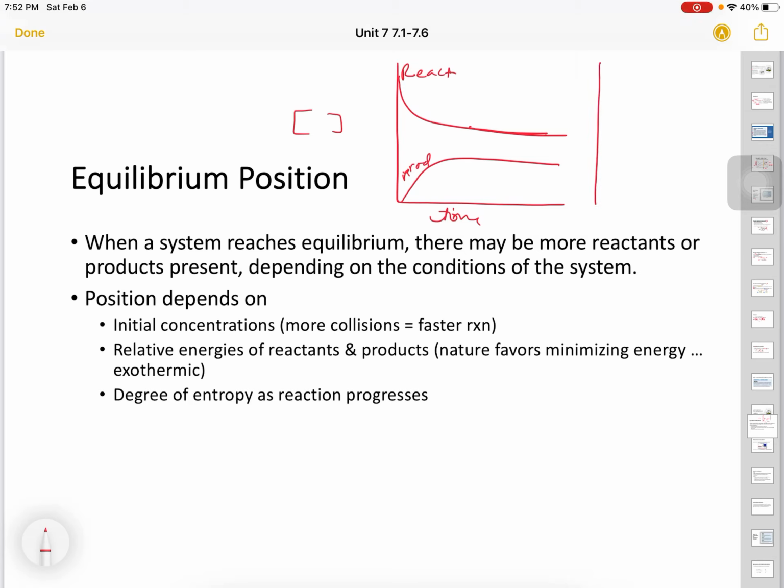You don't have to have those two lines meet, but they do have to level off once equilibrium is established. So you can have a situation where at equilibrium, the system predominantly still contains reactants versus products, or you could have a situation where at equilibrium, the system contains a lot of product. And we're going to look at how that relates to the K value.